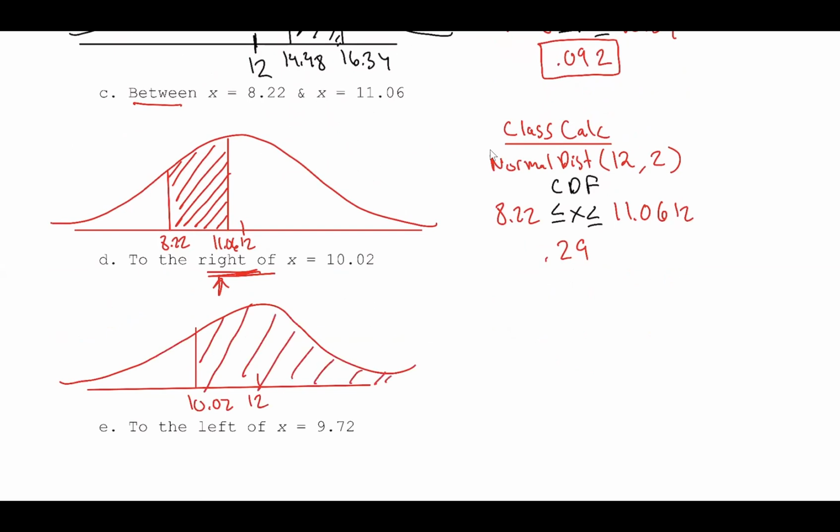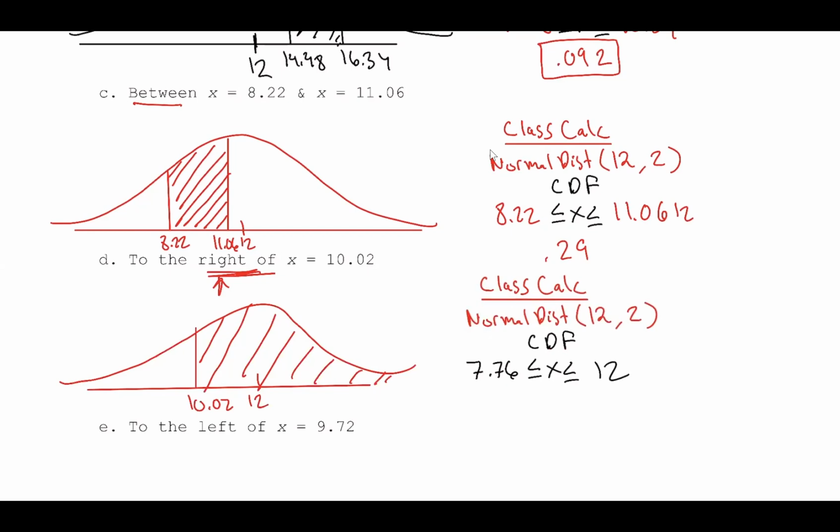So once again, class calc, pretty much the mean and the standard deviation staying the same. The only thing that's gonna switch up is my lower bound, my upper bound. So for my lower bound, we put 10.02. But for your upper bound, if you look at it, keep going to the right-hand side. So that's going to infinity. So let me see what answer I get for that.